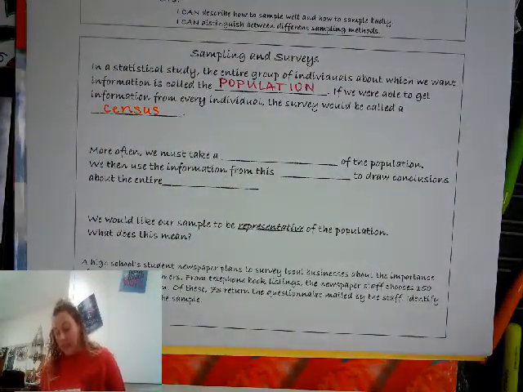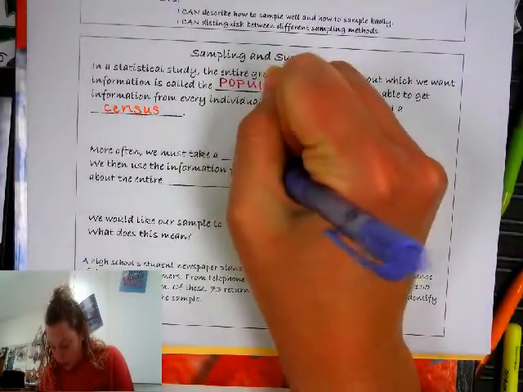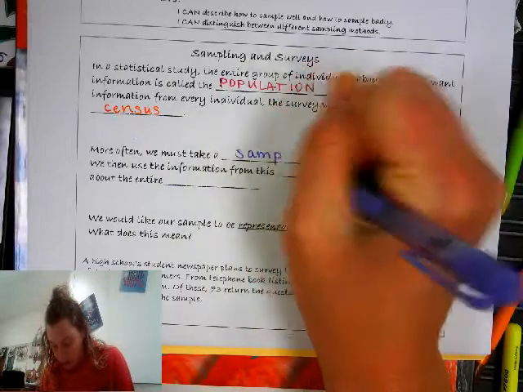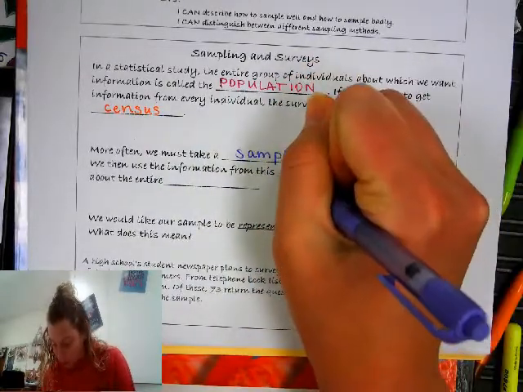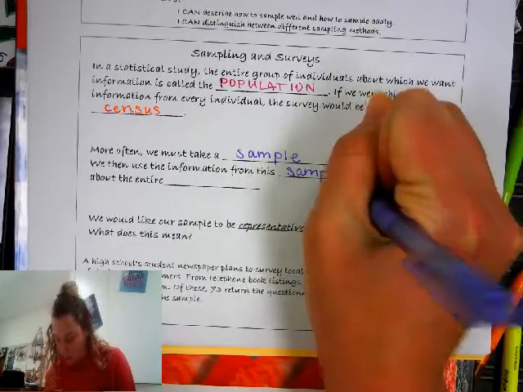More often, we must take a sample of the population, and then we use the information from the sample to draw conclusions about the entire population.